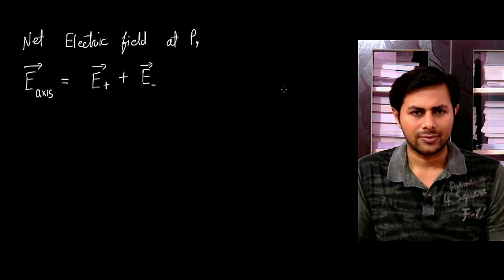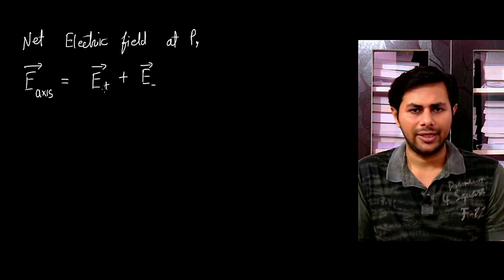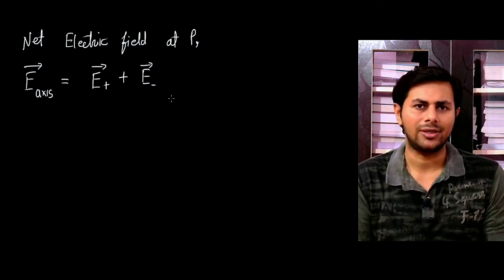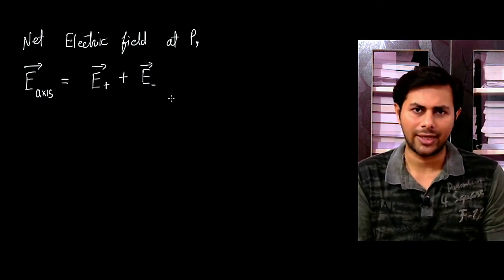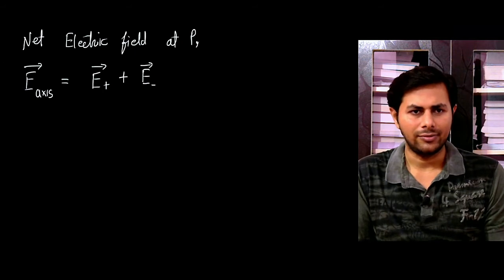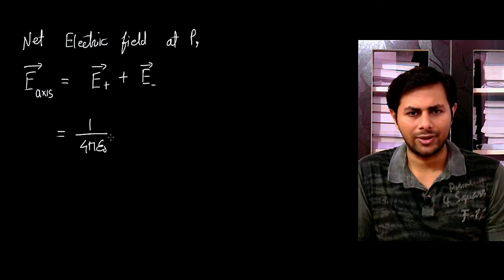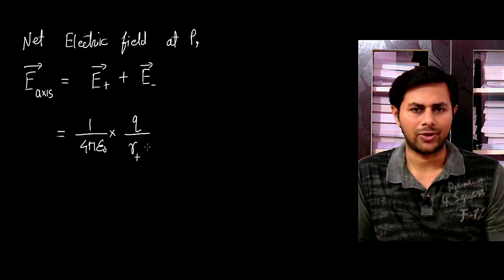So let's write E plus bar and E minus bar in terms of their magnitudes and electric dipole moment to show the direction. So the magnitude of E plus bar will be 1 over 4 pi epsilon naught times Q over the distance of the positive charge from point P, let's call it R plus.